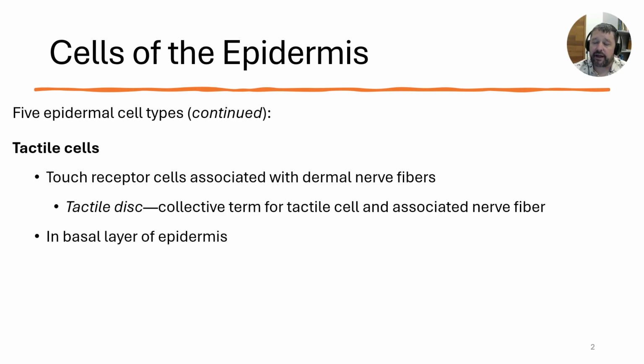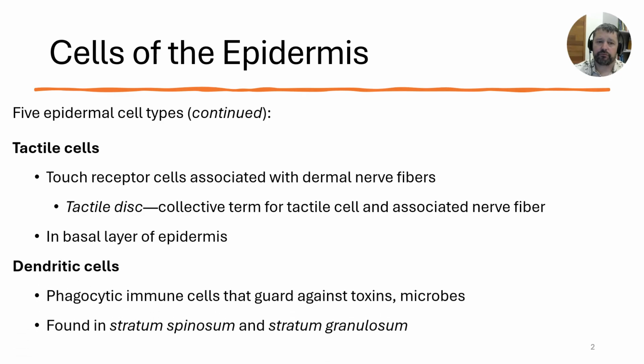All right, you have tactile cells. Tactile cells are cells that are associated with nerve fibers, and they have what we call a tactile disc. That is associated with the nerve fiber, and the basal layer of the epidermis is where you would find these.